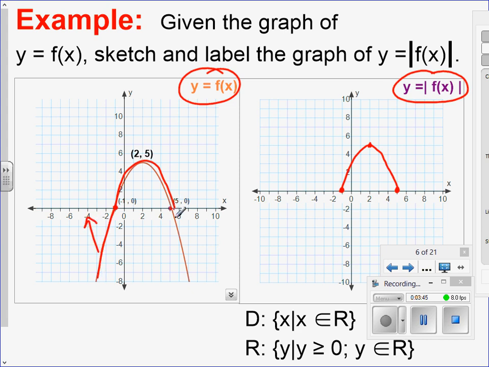So I'll just pick a nice point on each side. For example, here, -2 and -3 is going to become -2 and +3, just to give me a little bit of a shape. And then I'll pick the point here, 7 and -5 is going to stay as 7 and now +5, just to give me an idea of the shape of the graph. Okay, so you can see, taking the graph of f of x, how I can come up with the graph of absolute value of f of x.